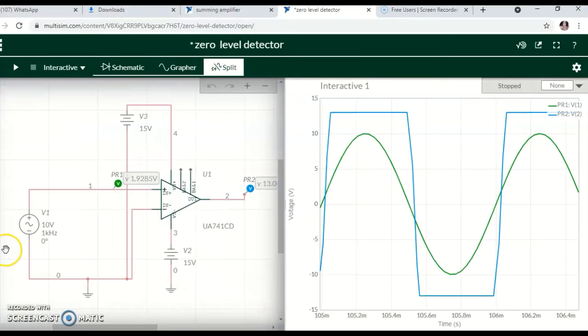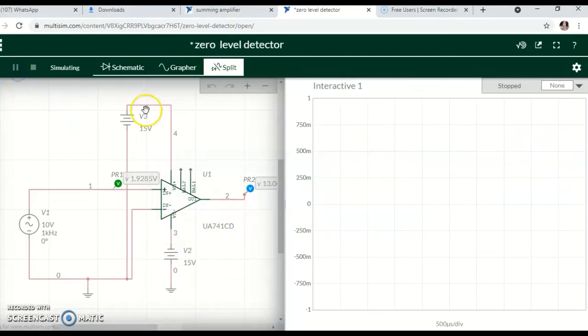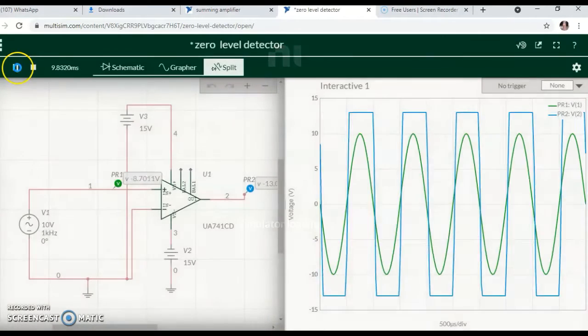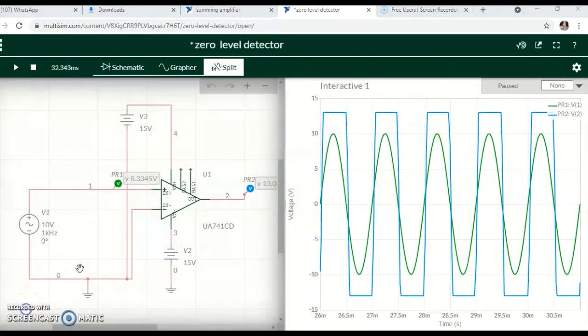What I do is construct the circuit in Multisim based on the circuit given in the lab sheet. Then, after constructing the circuit, I play it. It shows the sine waveform applied to the non-inverting input, so that we can see it positive.